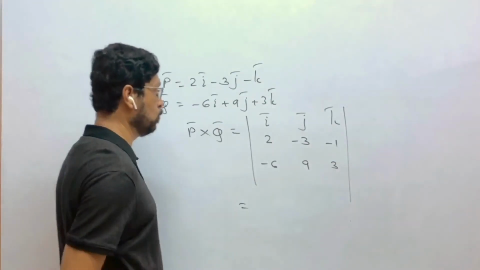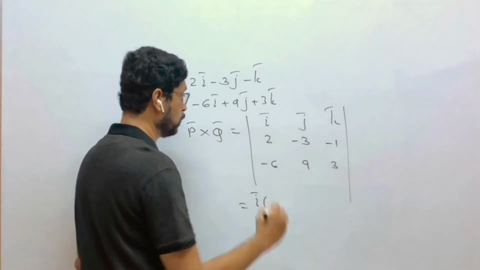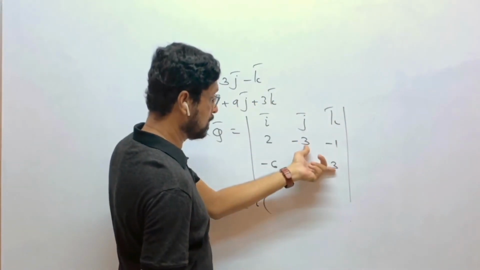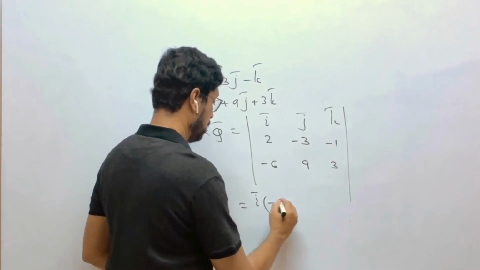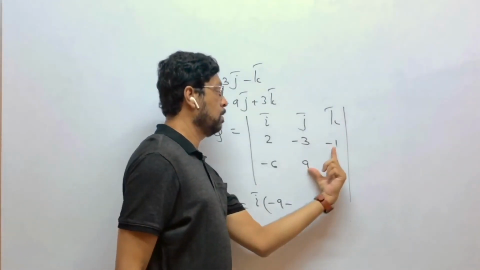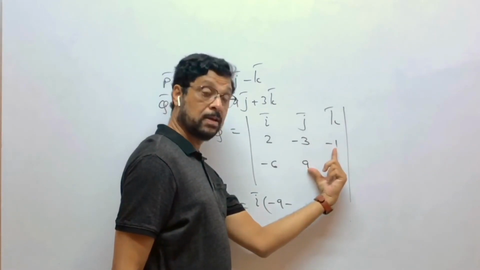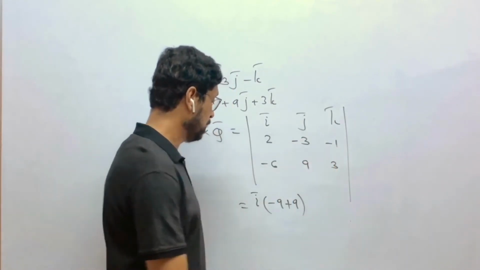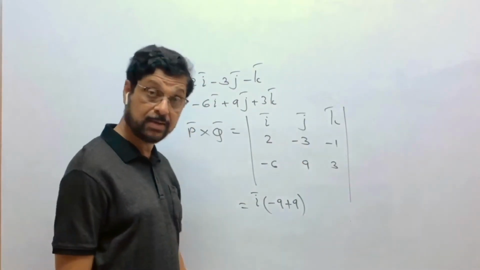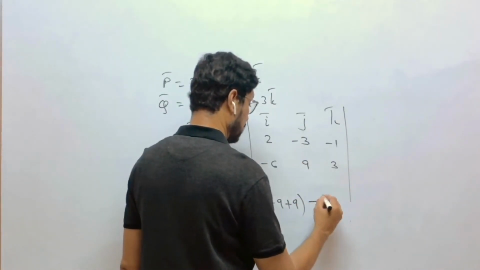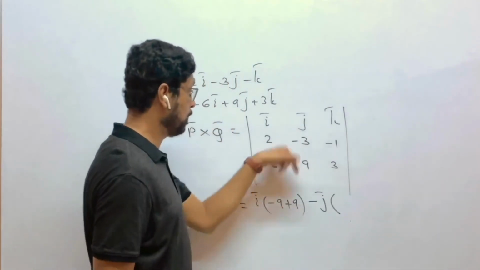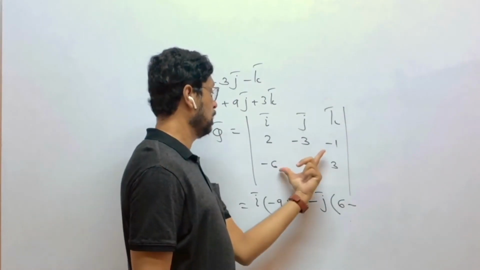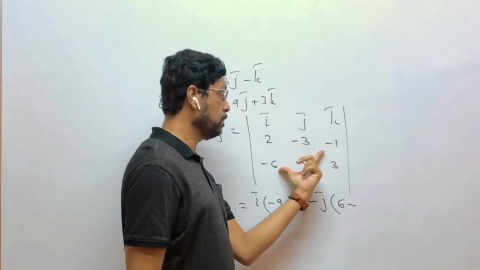That is equal to I into, remember this method, minus 9 minus 9. So minus 9 minus minus plus 9. So I into minus 9 plus 9 minus J into 6 minus 6 into minus 1 is plus 6.